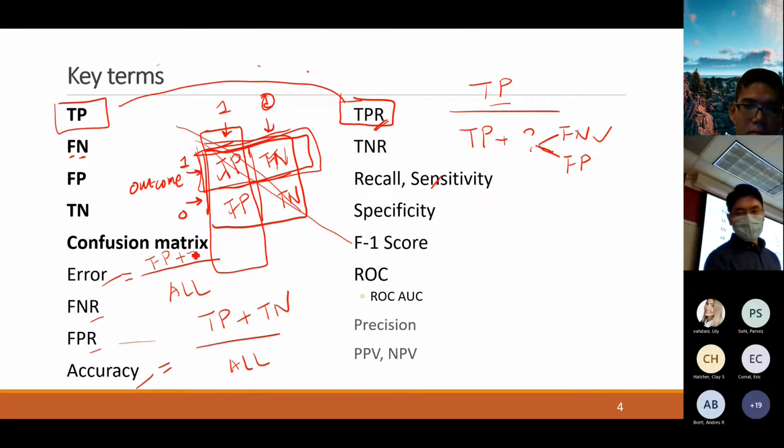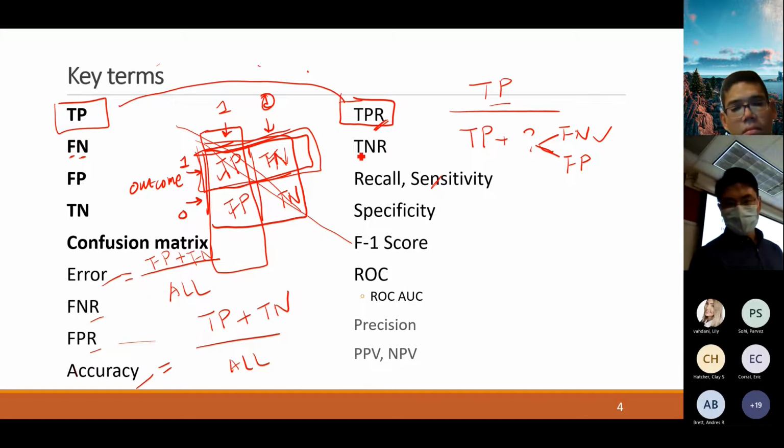And you also have false negative, which is on the first row, the positive outcome. When you add them together, these 4 cells add up to all. So I think we cover all of them until here.